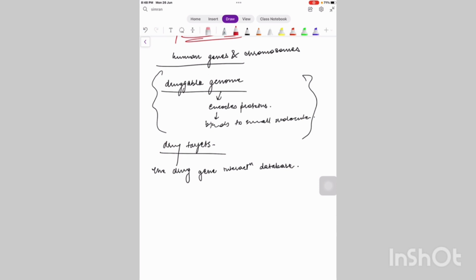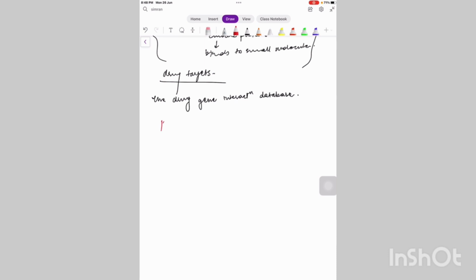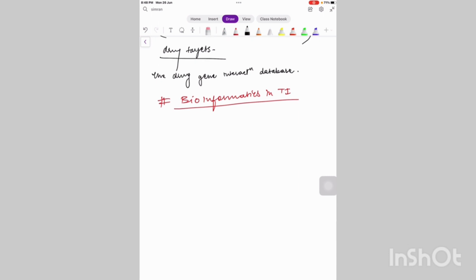Next is bioinformatics in target identification. So bioinformatics is a field that develops methods and software tools for understanding of biological data.